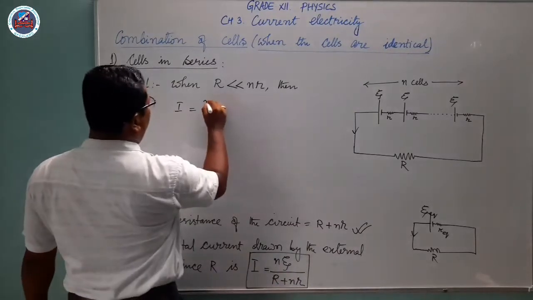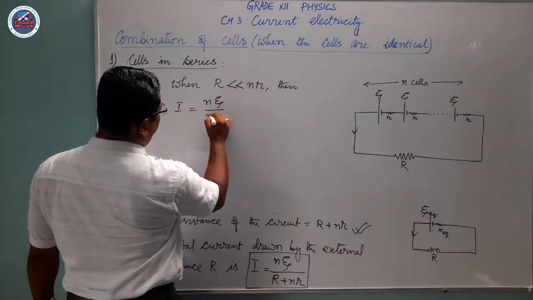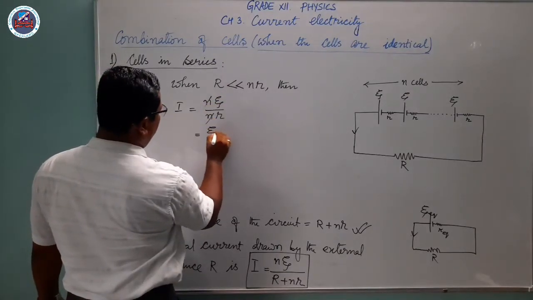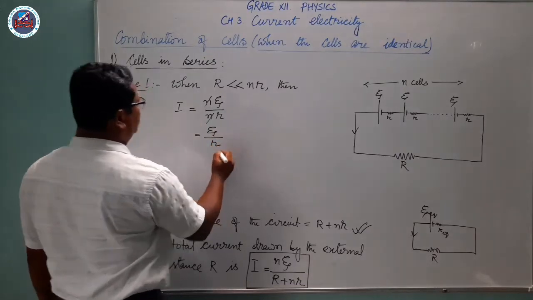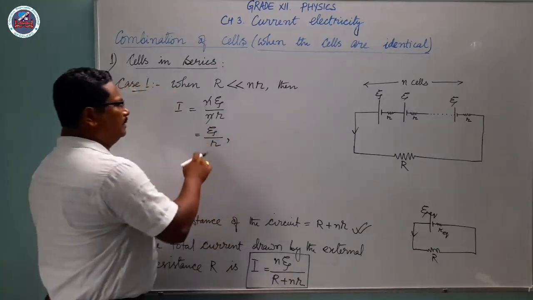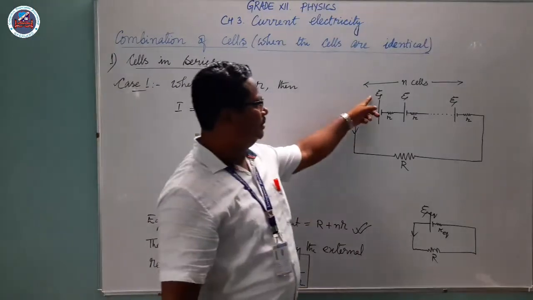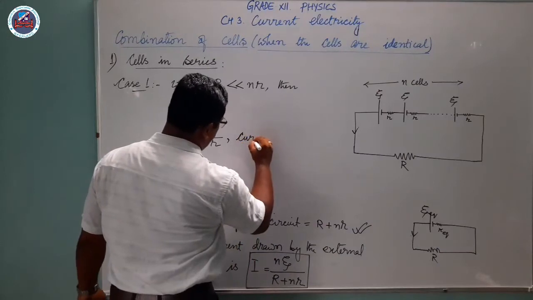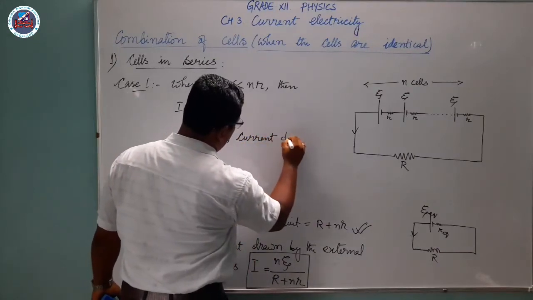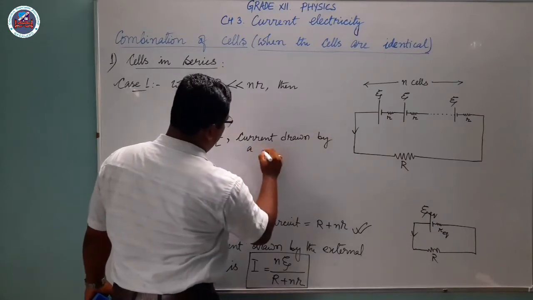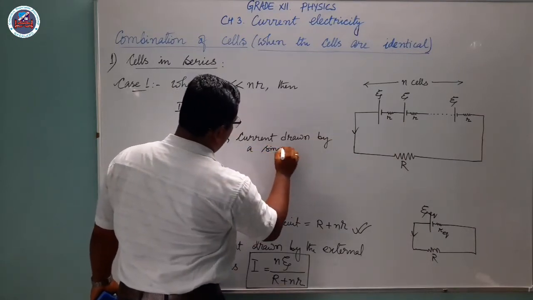Then we will have n epsilon divided by nr, which gives epsilon divided by r. So it will be equivalent to the current drawn by a single cell, with EMF epsilon and internal resistance r.